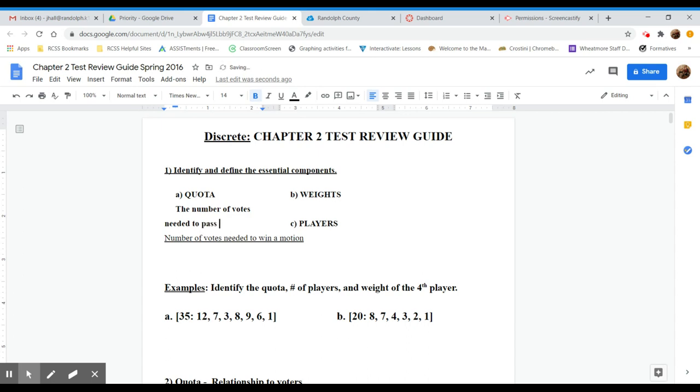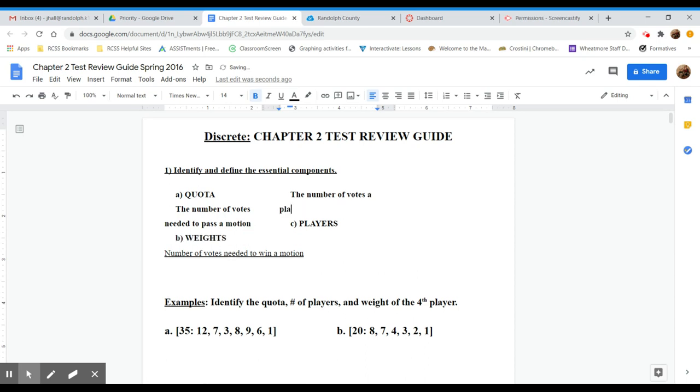pass a motion. Okay? Now, weights, when we talk about weights, that's the number of votes a player has.